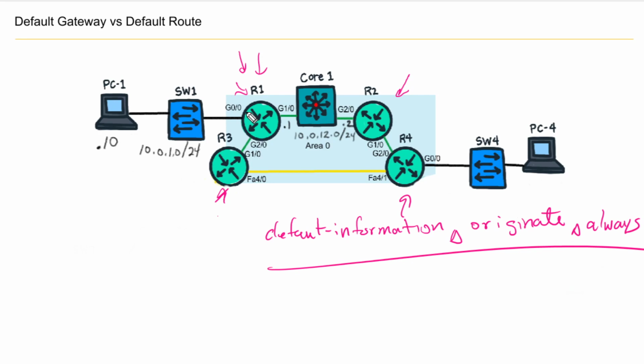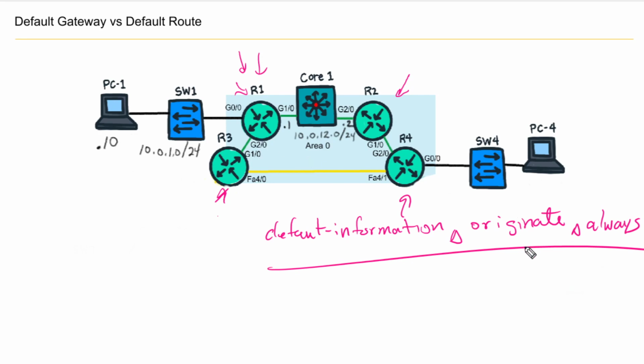Mr. R1, look, I know you don't have a default route, a real one, but for the benefit of everybody in the area, to make them feel better, I want you to originate a default route, add it to OSPF, so all the other routers will think they have a default route. And if they need to forward packets and they don't have a more detailed route, they're going to use their default route, which is coming your way. So hopefully you can do something with that. But that's how the default information originate always command works in OSPF. And the good news is we can see it right now because we're going to just go ahead and do it.